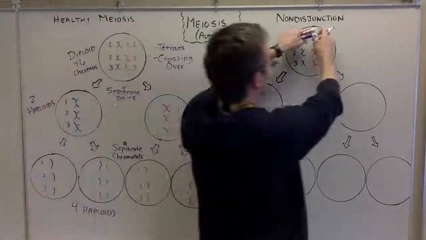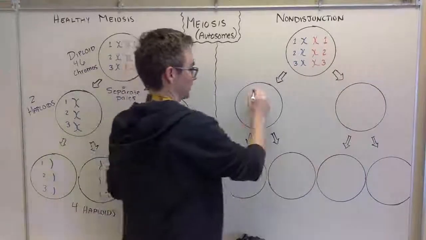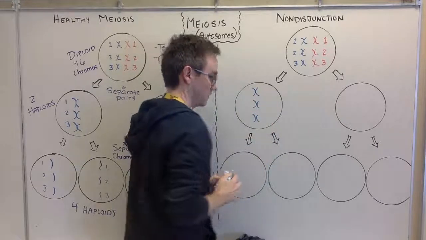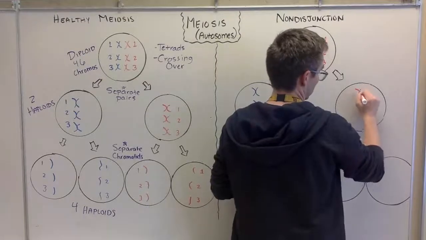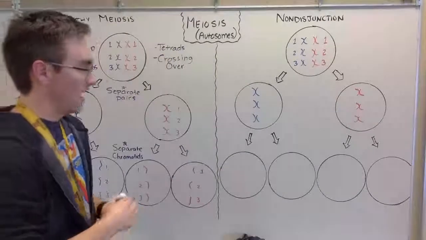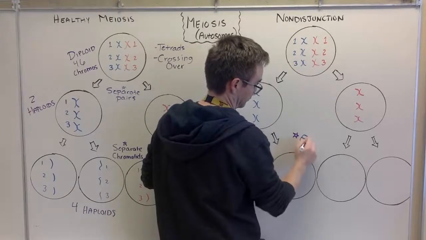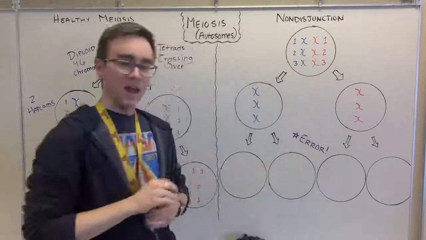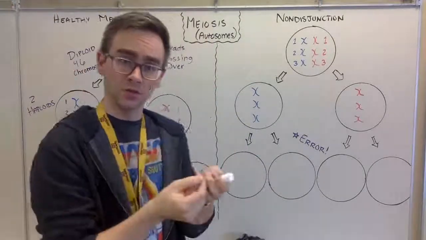So we know that at this point right here, we're supposed to separate these two. So we should get something like that. And then we have an error here. It normally has to do with a mutation in the centromere that holds together those sister chromatids.